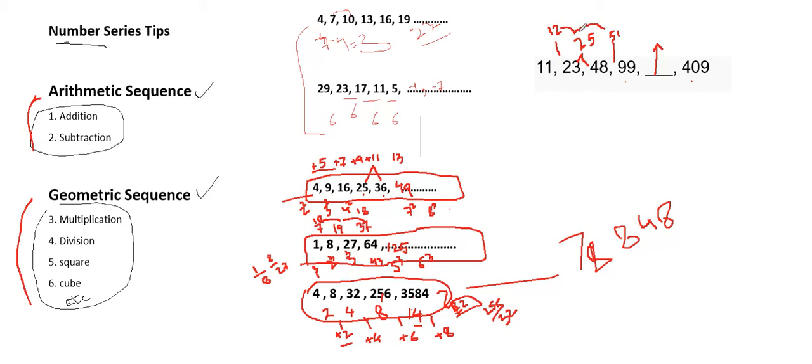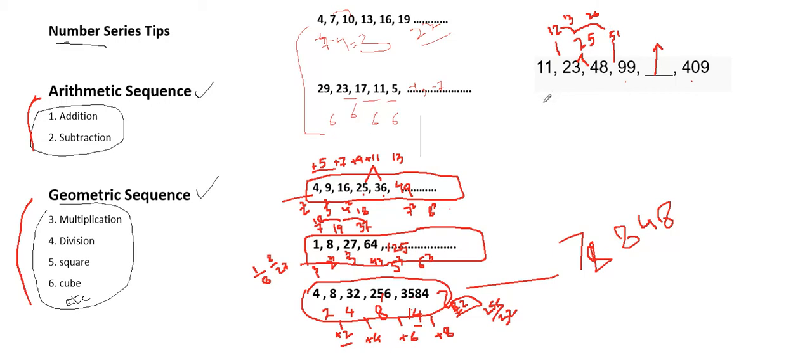So 12, let's see if there is some pattern. 12 plus 13 is 25, and then 25 plus 26 is 51. So 12 plus 13 means 12 times 2, which is 24, plus 1, and 25 times 2, which is 50, plus 1.